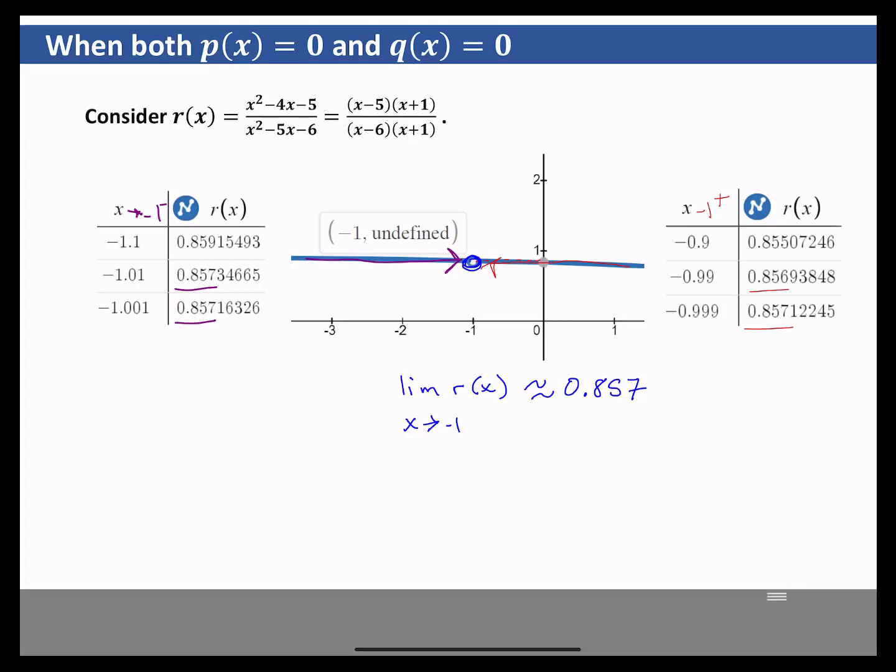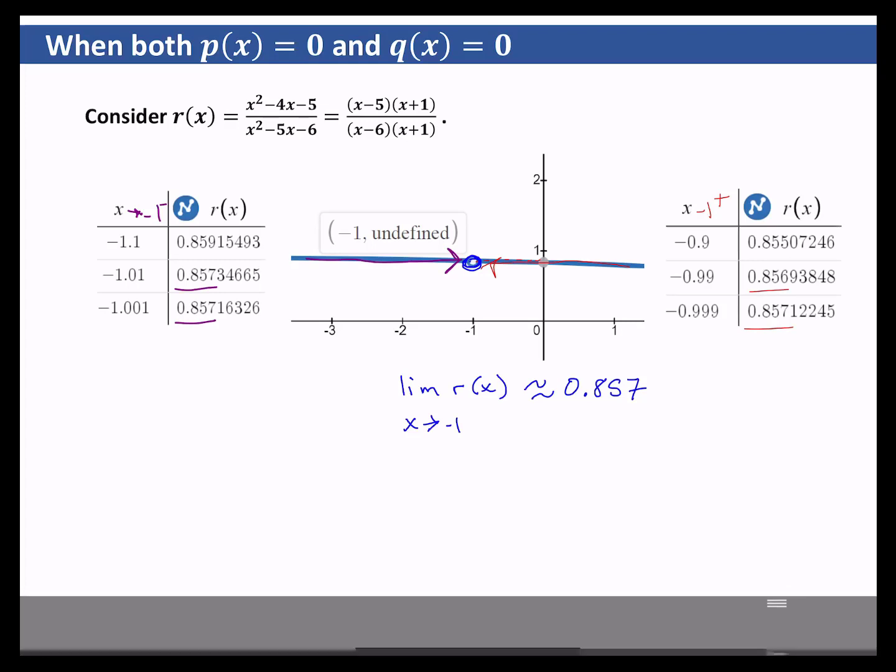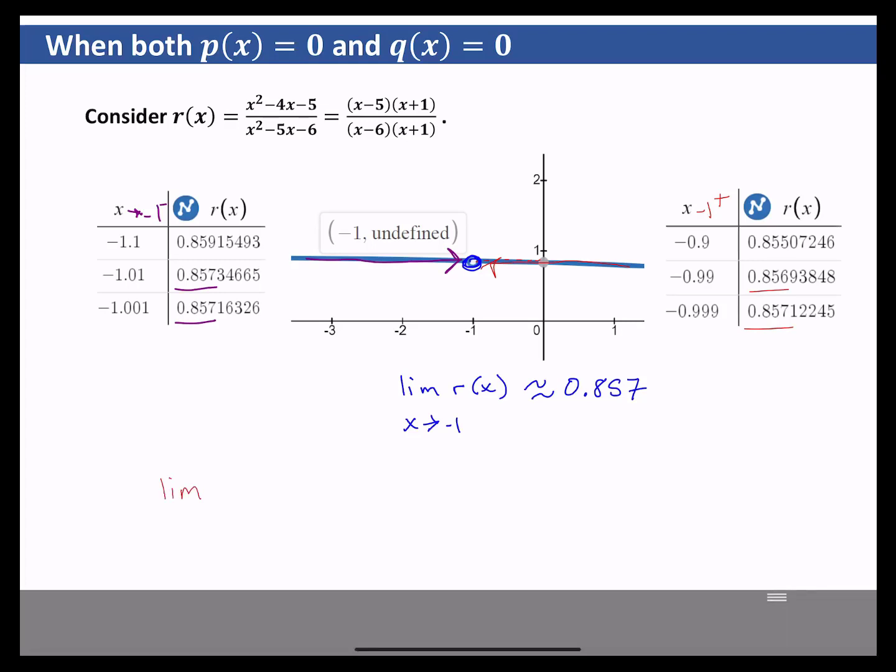Specifically, we're going to look at the limit of x minus 5 over x minus 6 as x approaches negative 1. So what we did is we canceled out the x plus 1, the common factor. Now note, x minus 5 divided by x minus 6 is not equivalent to the original function r of x, because the simplified version would not have a hole at x equals negative 1 like r of x does.